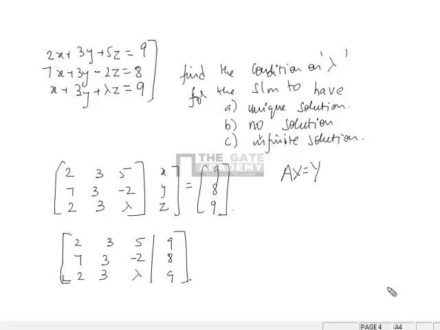Now, what is the condition for the system to have a unique solution, no solution and infinite solutions? This is the question asked. So how do we proceed? The first thing we need to find is rank of A. For part A, unique solution means what?